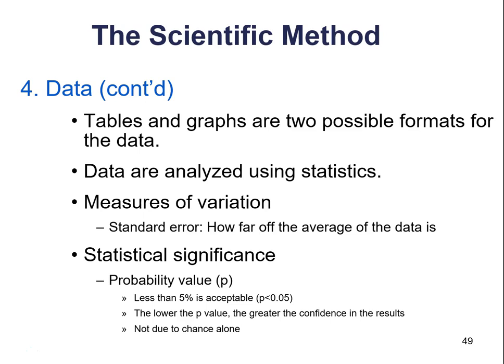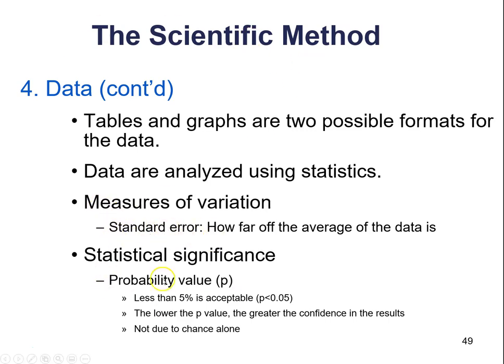In general, if you think about computer modeling or things like that, obviously math is always involved. If you just talk about straight biological research, you always need to use statistics to analyze your results, okay? It says measures of variation like standard error, and then also you would need to determine if something is statistically significant.